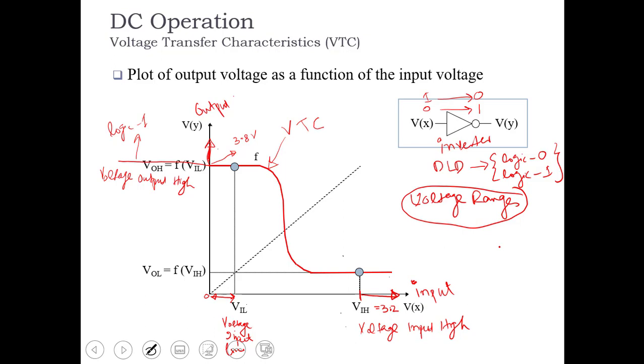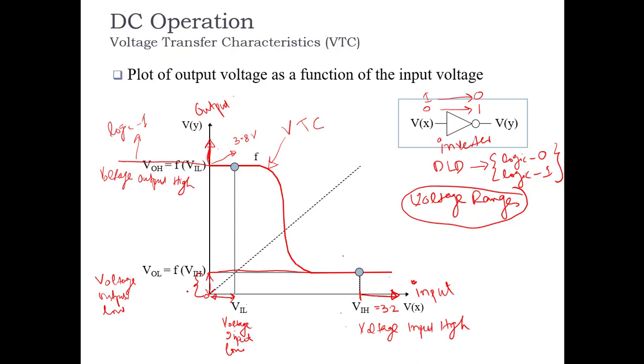And for this, my NOT gate will produce an output in this range, which is VOL, which means voltage output low. So it will produce an output that is between 0 and VOL.